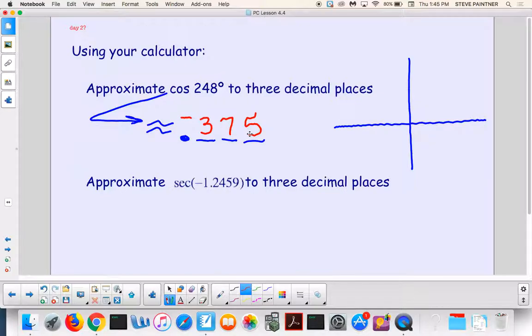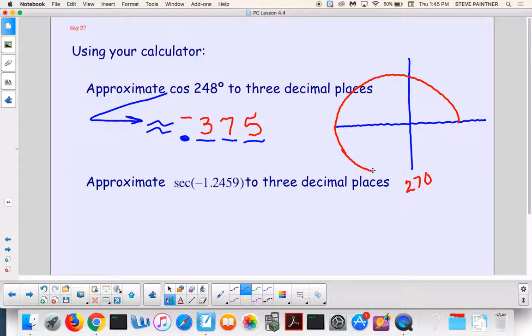What does it mean? What does that even mean? If my calculator tells me 0.375, I don't know what that means. Let's do this. Would you guys agree that 248, that's 180, right? If I keep going, this is 270, so don't go this far. Tell me when you think I should stop. Right there?